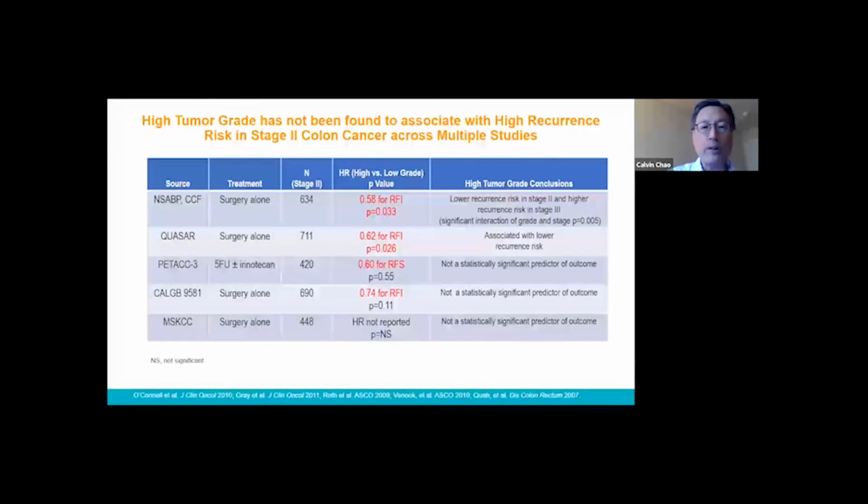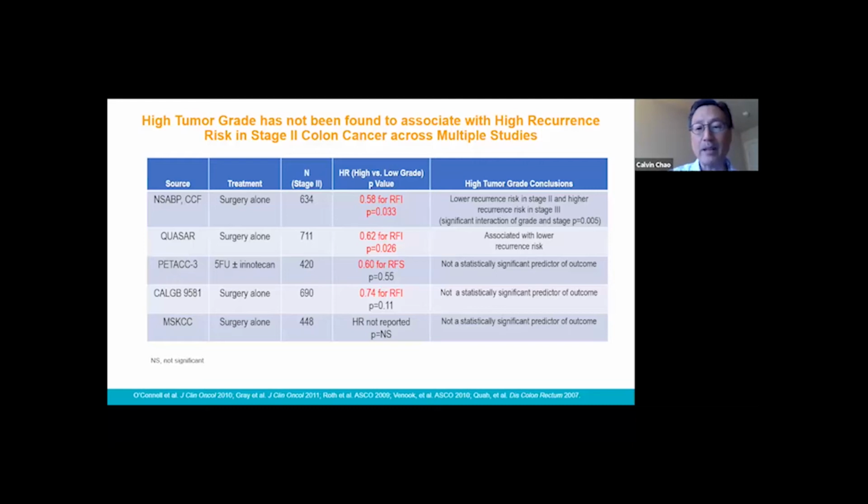And so a lot of the thinking behind high grade being a high risk factor comes from these very old studies. If we look more recently at stage 2 colon cancer studies, these are several studies that actually identified their stage 2 patients. And you can see that largely the grade did not seem to perform in the way that you expect as a high-risk feature. In fact, the hazard ratios are generally less than 1, suggesting that high grade in stage 2 seems to directionally correlate with better outcomes than patients with low grade.